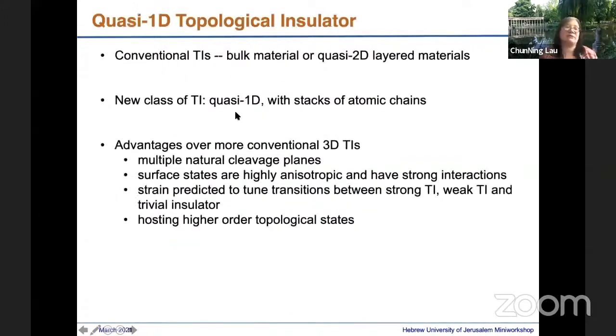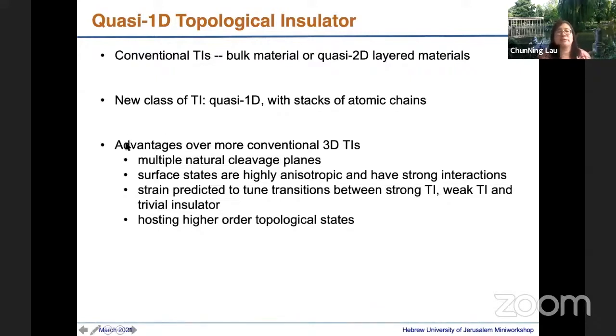Conventional topological insulators are basically bulk materials or quasi-2D layered materials, for example, based on the selenide family. The quasi-1D material is based on a new class of TIs. They have stacks of atomic chains. At first they stack to form a plane, and then we also stack in the vertical direction to form the bulk.